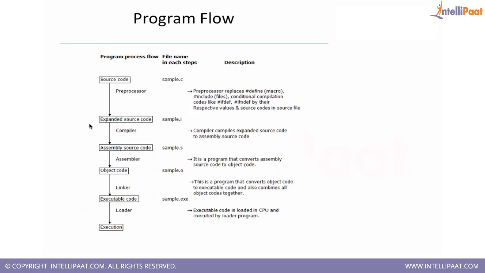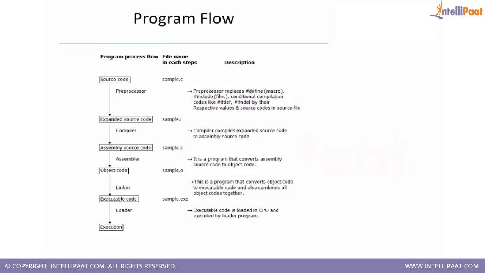So this is how we compile the program, and these are the steps that the program goes through. First, the source code is preprocessed, and expanded source code is generated. For example, suppose we have written a sample.c file, and we have used a lot of preprocessors, for example, hash include stdio.h, or hash include string.h, or hash defines.